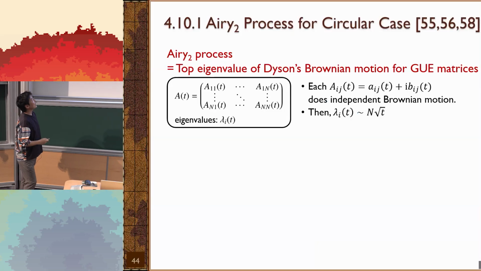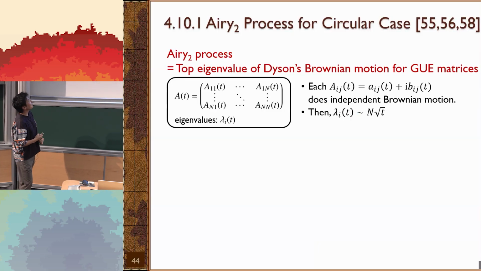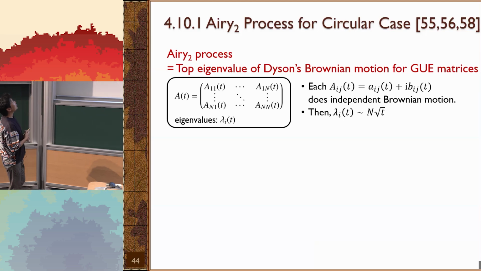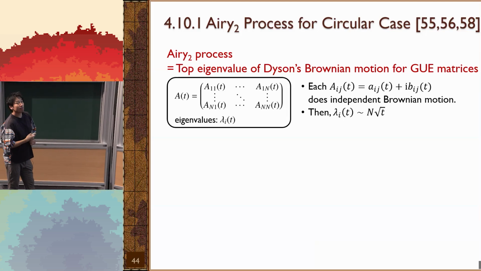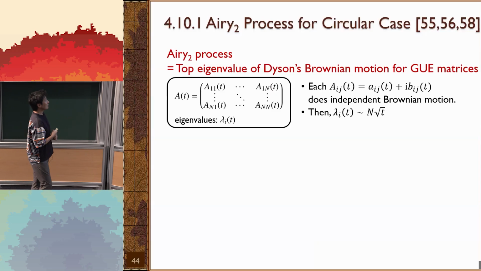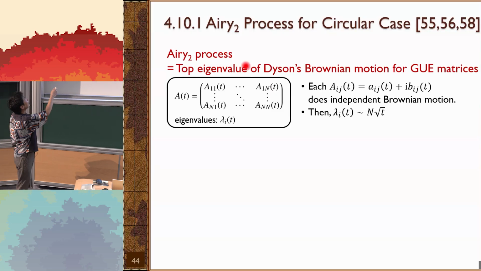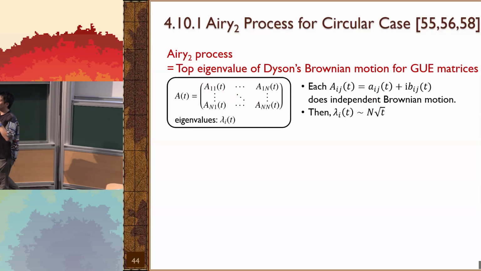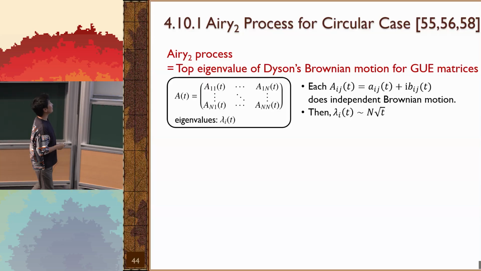But actually, there is a nice representation for the Airy 2 process based on random matrix theory. It is known that the Airy 2 process is nothing but the top eigenvalue of Dyson's Brownian motion, which you already heard several times in this school, right?